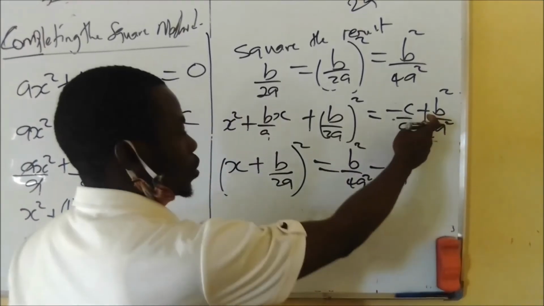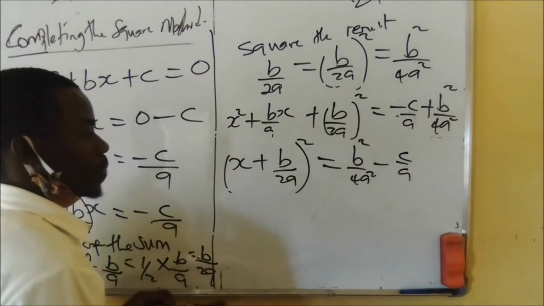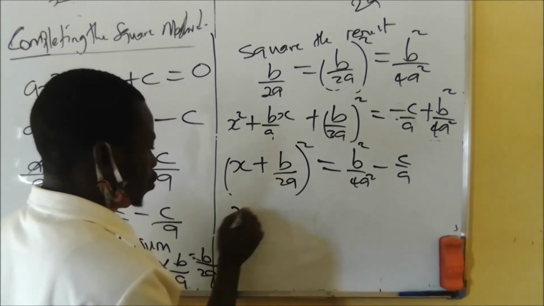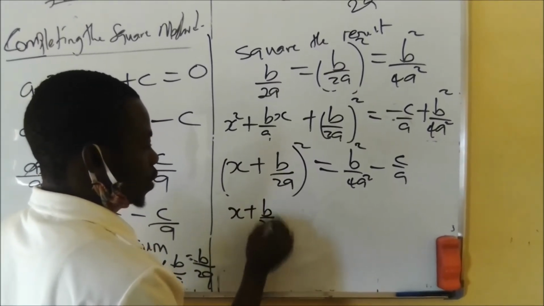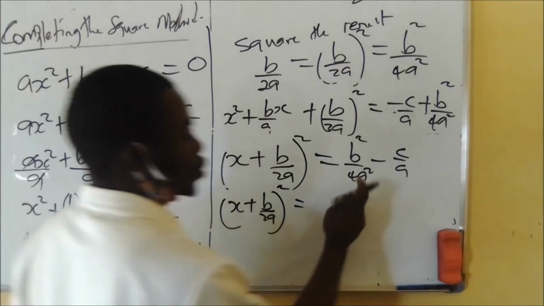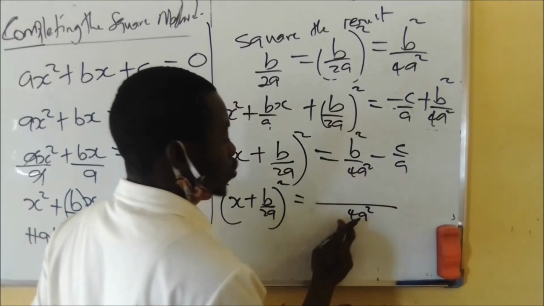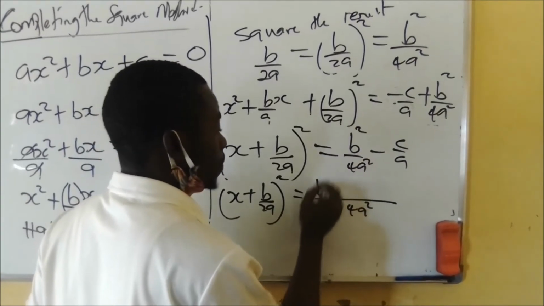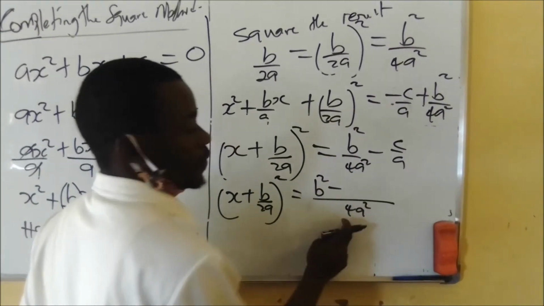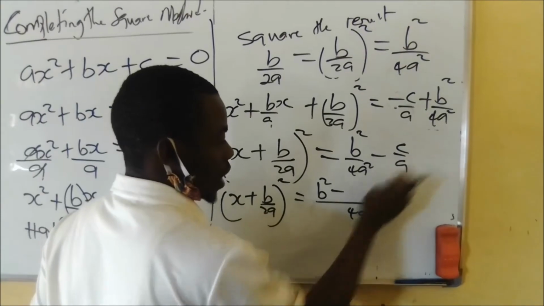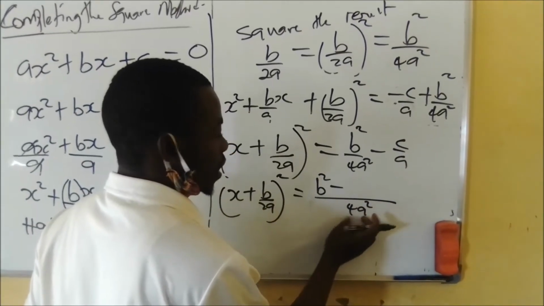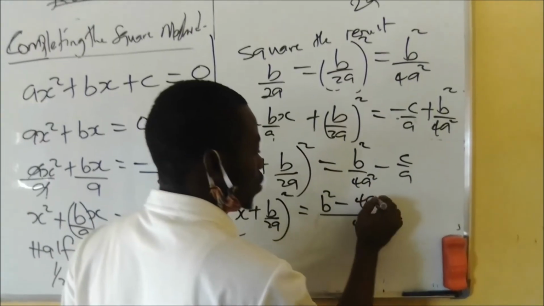Now you can say x plus b over 2a all squared equals, and the LCM of these is 4a squared. 4a squared into 4a squared is 1, 1 times b squared, minus a into 4a squared gives 4a, and 4a times c is 4ac.